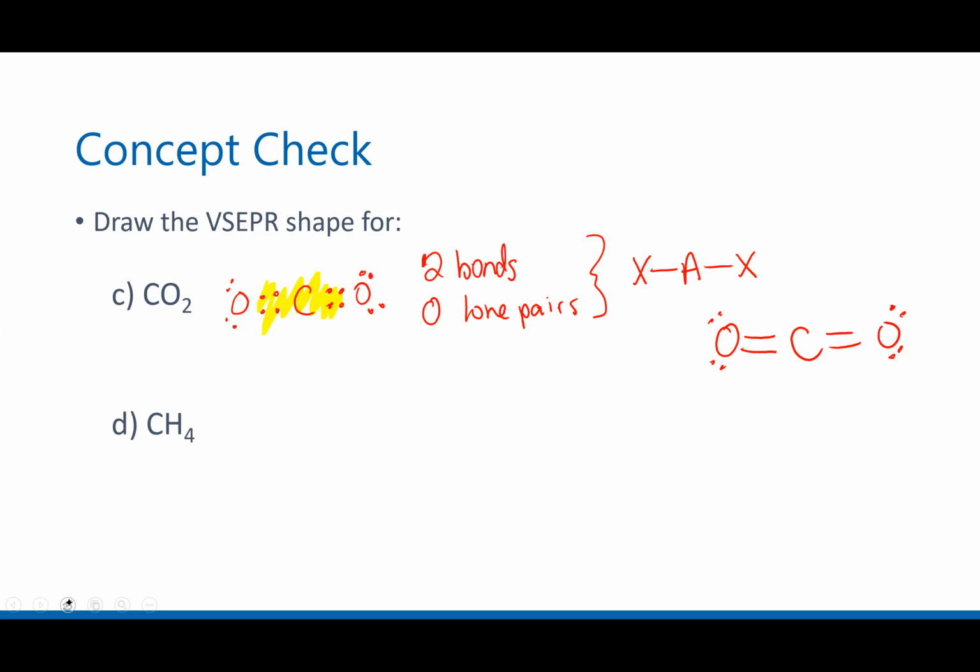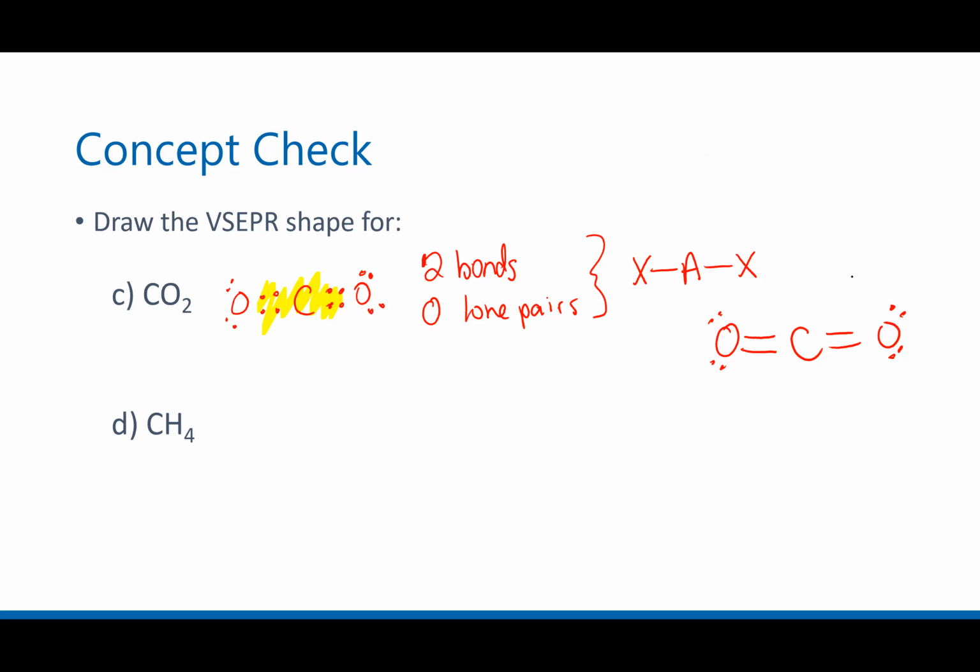A student in the earlier class asked, why are you writing that as a double bond? In the data booklet, this just represents a bond. It could be a double, a triple, or a single. So for full marks, you need to put in the double bond here.